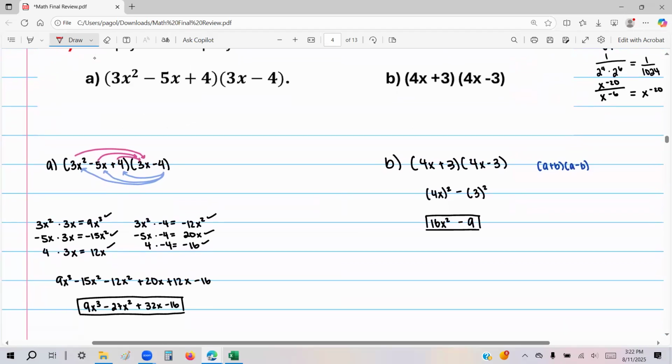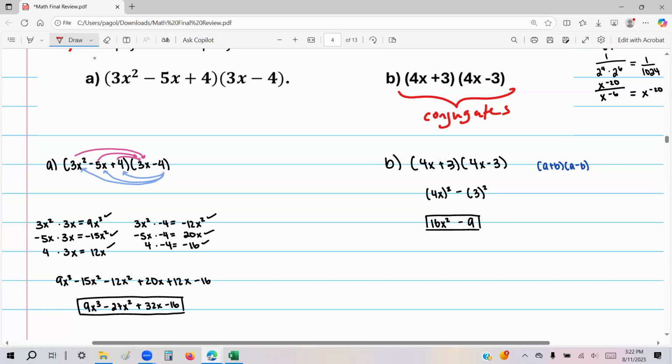Multiplication, one of these will be there. Either A or B. If you get B, your life is easy. All you have to do is square both of them. So B are conjugates. So these are conjugates. And when you multiply conjugates, you get the difference of their perfect squares.